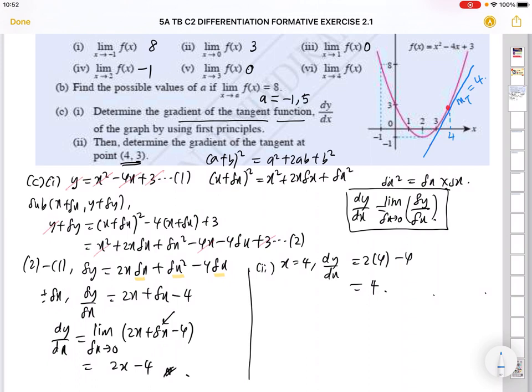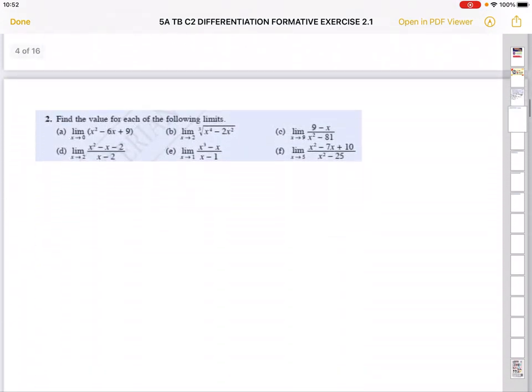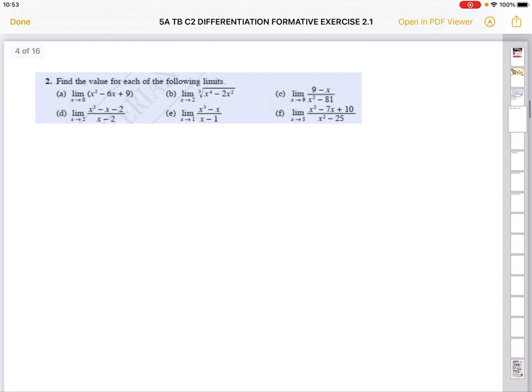All right, we're done with question 1, so let's move on to question number 2. In question number 2, we're going to find the limit for each one of these.